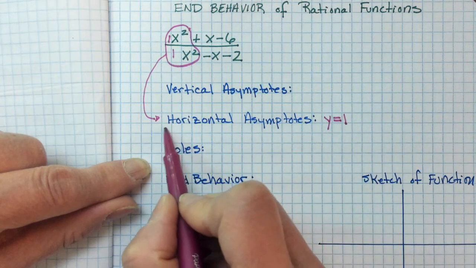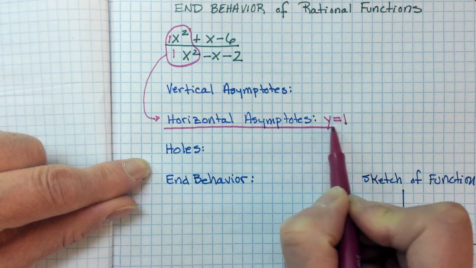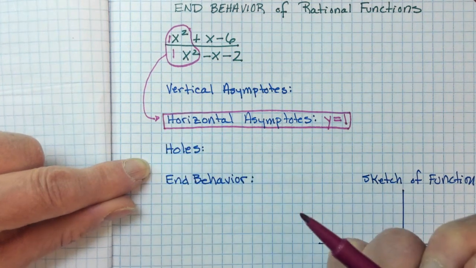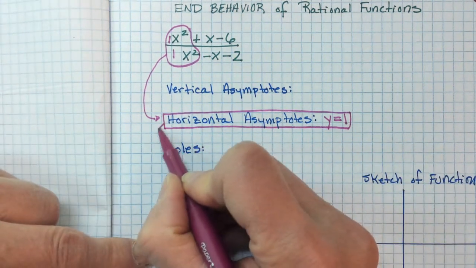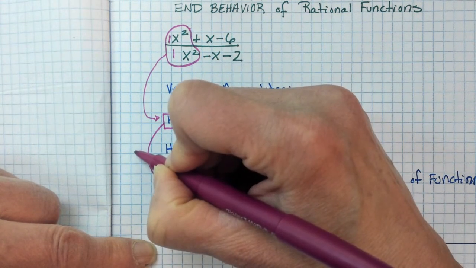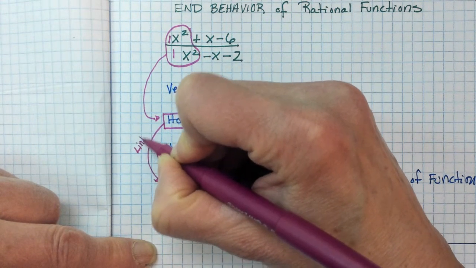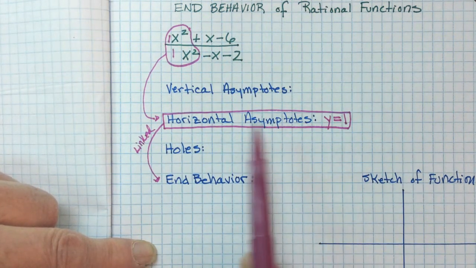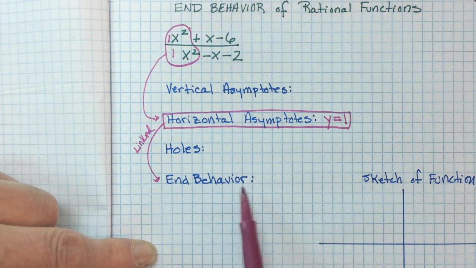This is going to be very important for end behavior, because our horizontal asymptote is actually linked to end behavior. If we know the horizontal asymptote, we will know the end behavior.